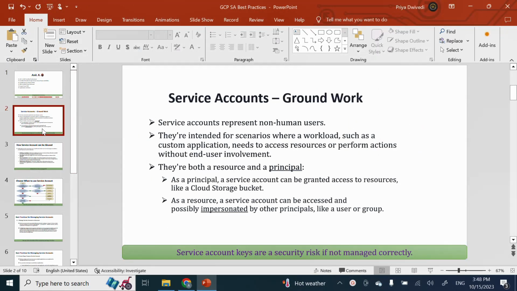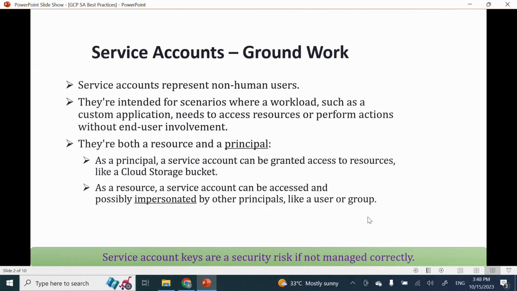Today we will know what are some best practices for using service accounts. For that, let's know first what service accounts are in a nutshell. Service accounts represent non-human users. They are intended for scenarios where a workload such as a custom application needs to access resources or perform actions without end user involvement.